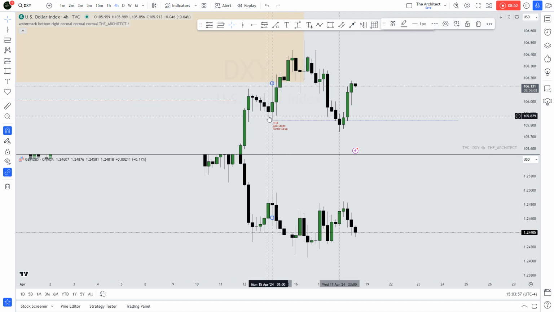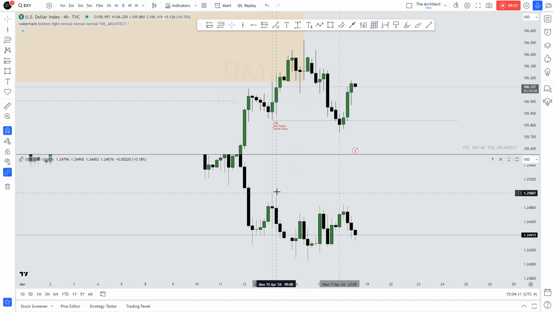So you'll see here price made a lower low and a lower high. My bad, it's a bit confusing. Lower high, right? Which is perfect. And then we continue lower to make a lower low. And what price does here, it continues higher to make a higher high, right?